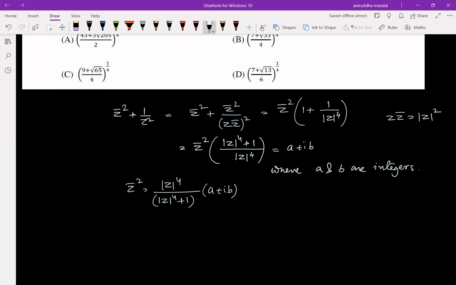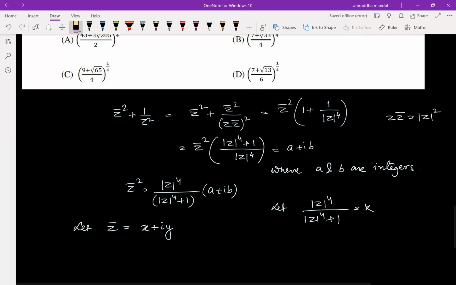Okay, now let this, this is a complete real part, so we can write this as k for the sake of easiness of this calculation. So this z bar, let's say z bar equal to x minus iy, because let's say z equal to x plus iy.